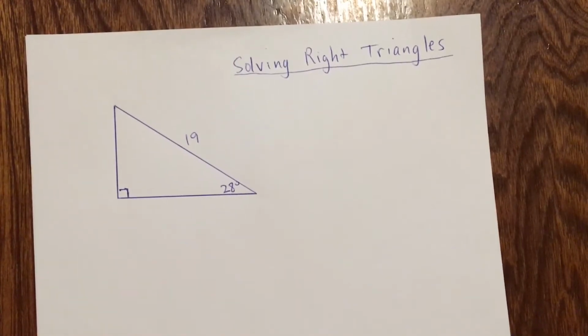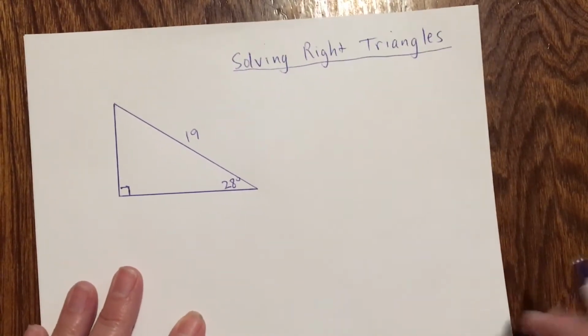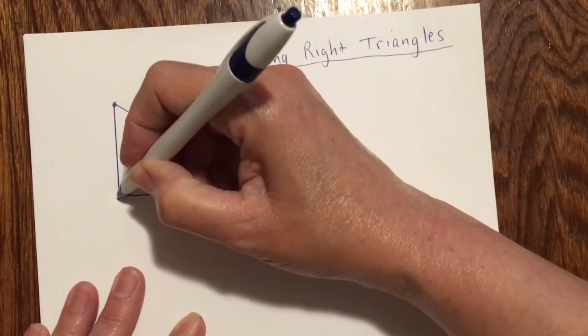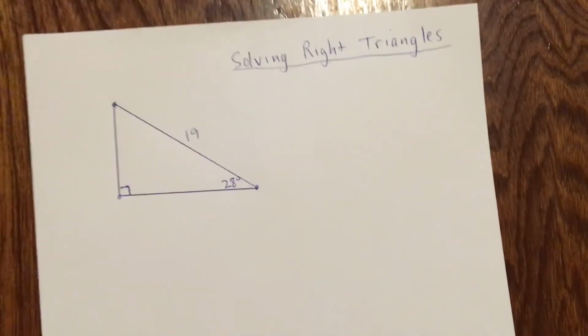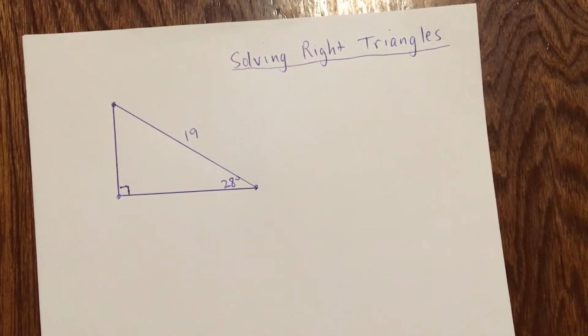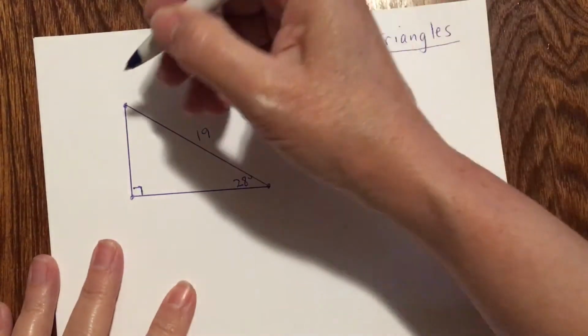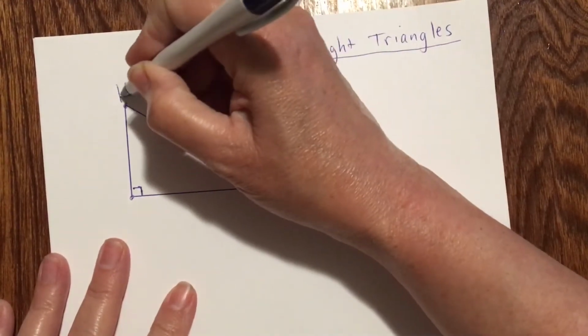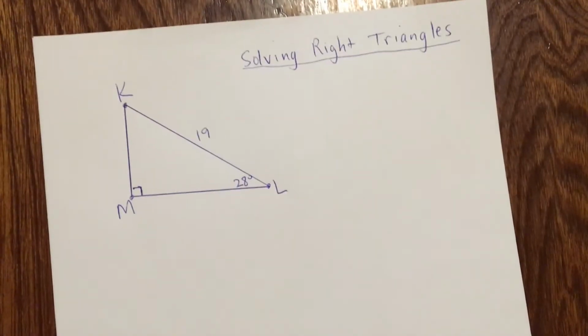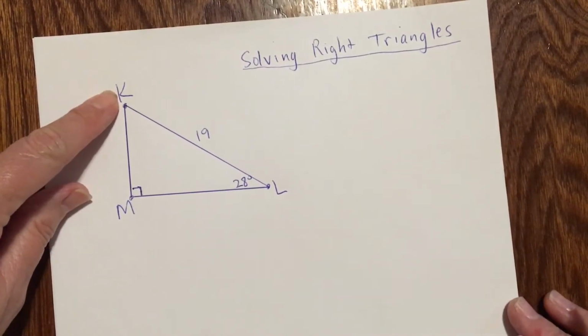I'm going to label my triangle with letters of the alphabet, the vertices, the corners. A lot of times we'll use capital letters for that, and a lot of times we use ABC. But you can really use whatever letters you like. Because I can use whatever letters I like, I'm going to go with K, L, and M. In keeping with the way triangles are labeled, I have a capital K for this angle.